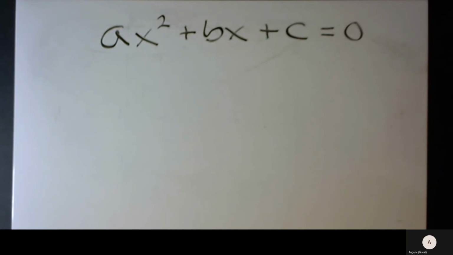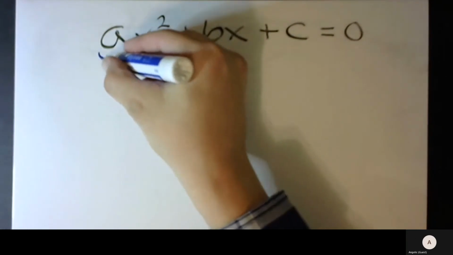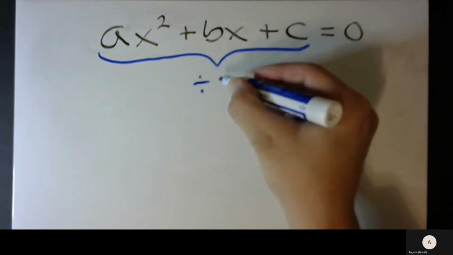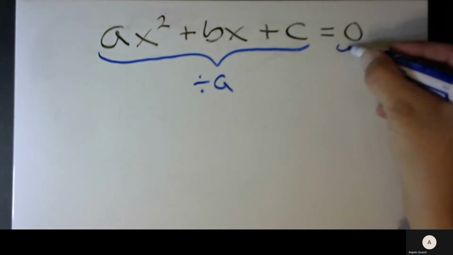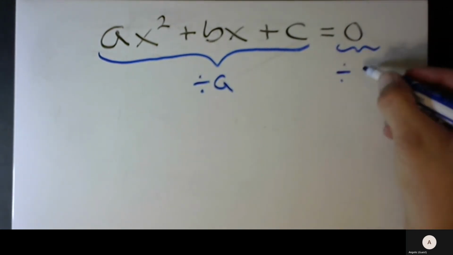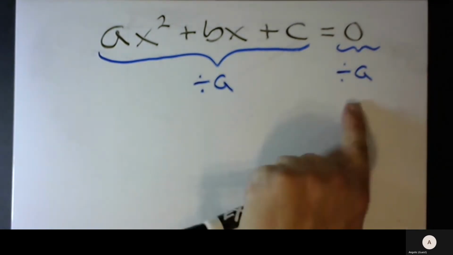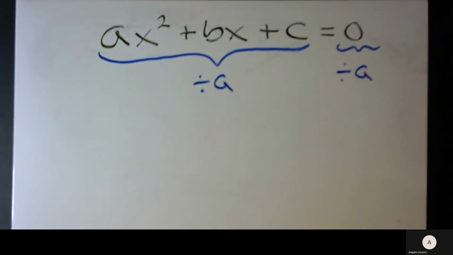Now, the first thing we're going to do to derive this equation, it's kind of tricky how to do it. For the homework and things like this, you won't have to know this. But if you want to know where this comes from, we're going to solve for x. Now, the first thing we're going to do, we'll divide both sides by a.